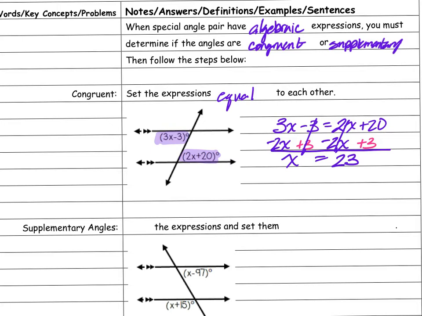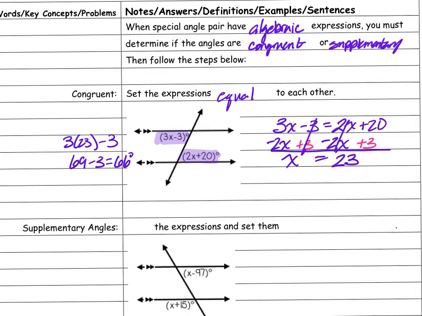So there we go. But we can verify that they are equal to each other. And how I do that is I'm going to say 3 times 23 minus 3. Well, 3 times 23 is 69, minus 3 equals 66.